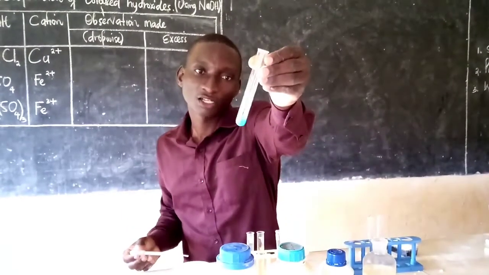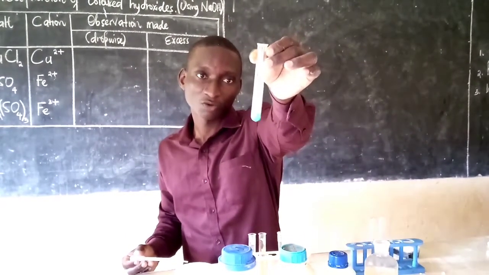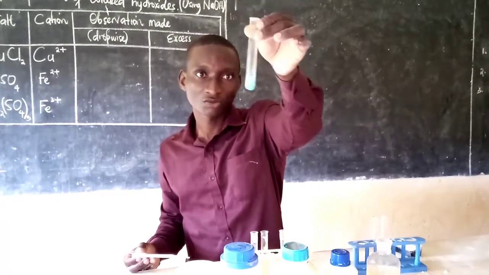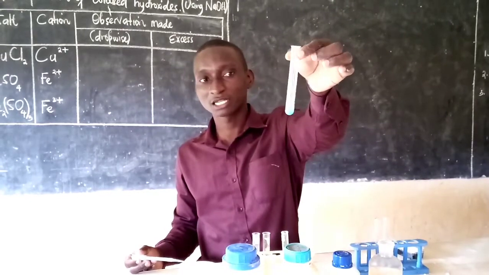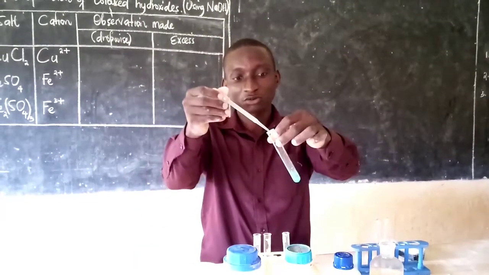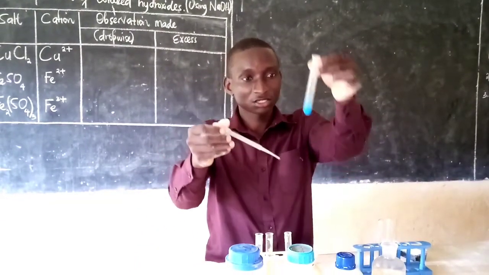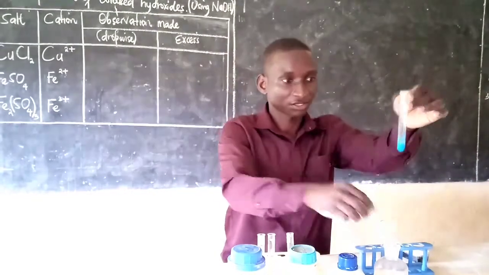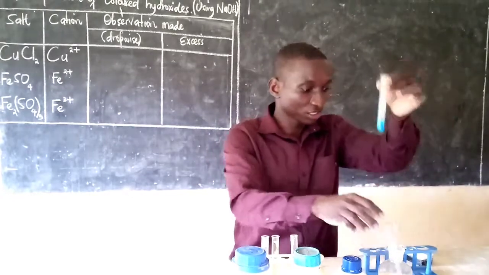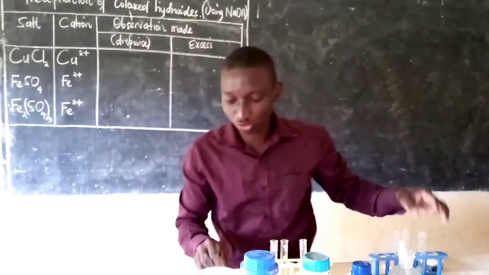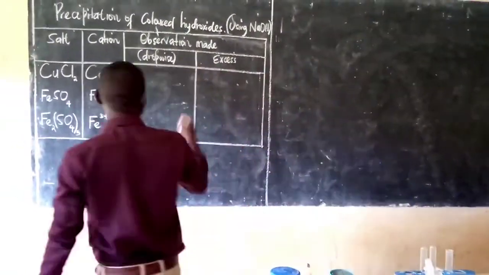We see a solid substance coming up, which is still blue in color. Because it's a solid substance formed from solution, we say that it is a precipitate. If you add excess, it still remains as a precipitate. So this is a precipitate that is insoluble in excess sodium hydroxide.